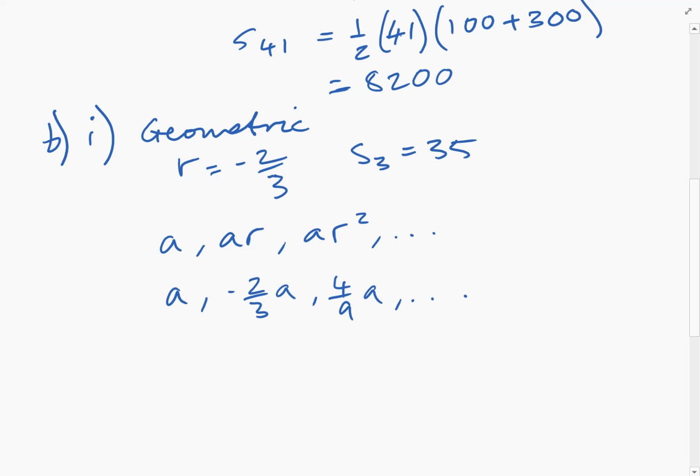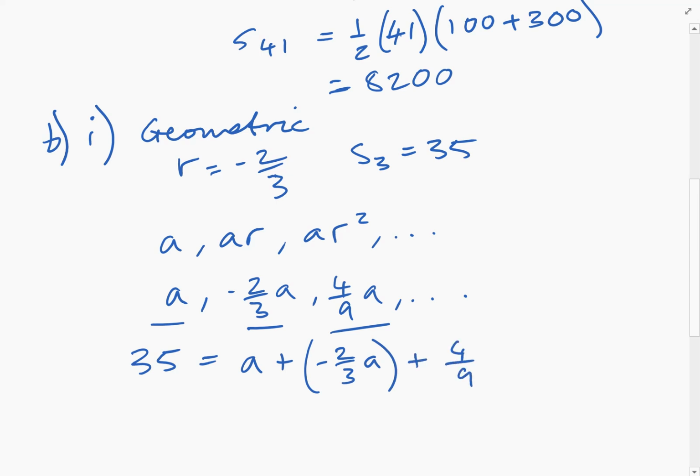So the sum of the first three terms equals 35. So we know 35 is going to equal the sum of this. So that's a plus minus 2/3 of a plus 4/9 of a.